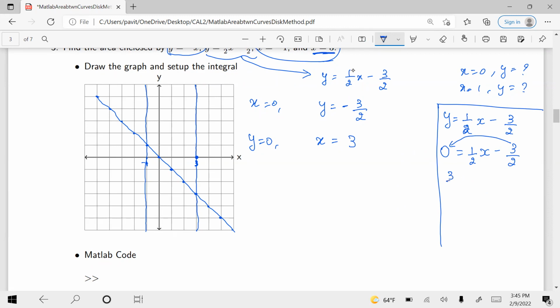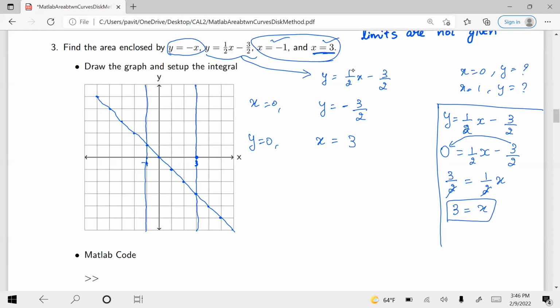Anything is fine. So 3 half, negative moving to the other side, becomes positive. So 3 half equal to half x. Now you can cancel out 2 here. You are left with x equal to 3. You can make a note of this if you want to.